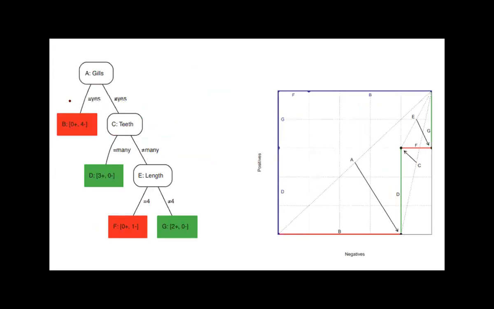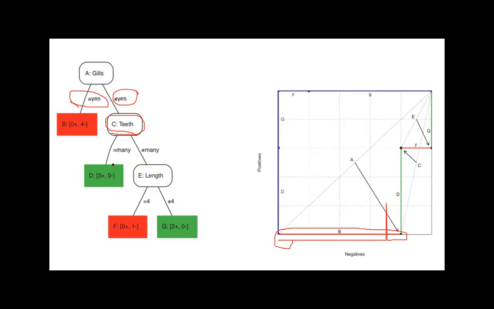There is one S and there is not S. S means pure negatives. This is how it covers all negatives. Suppose if it is not yes, that is gills no, then we check teeth. Teeth, many or few.